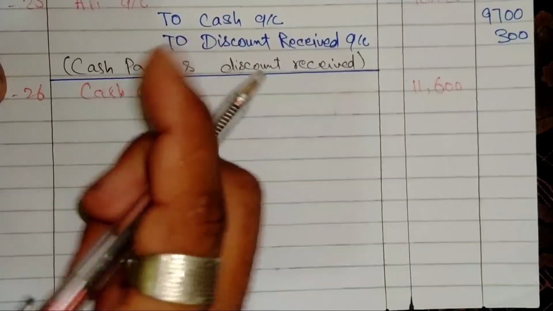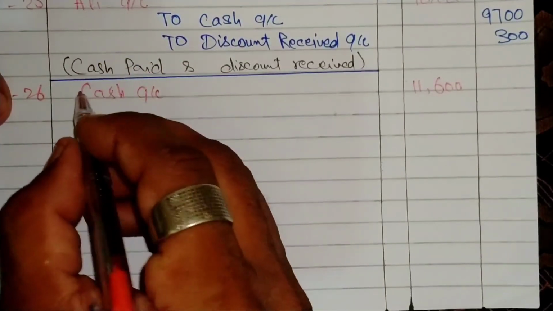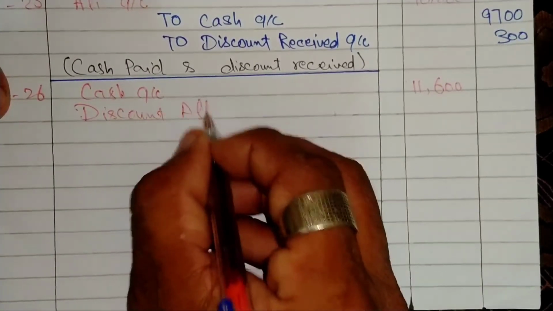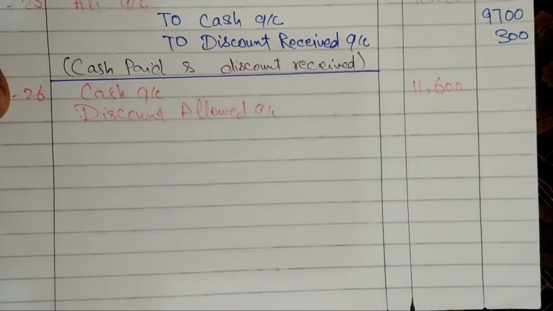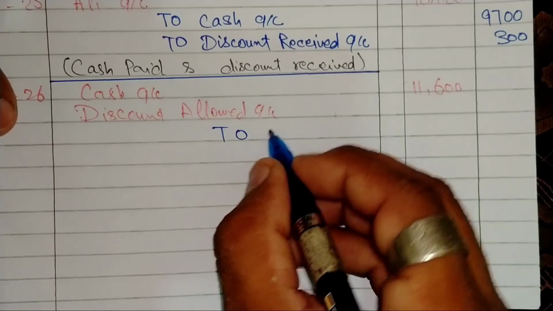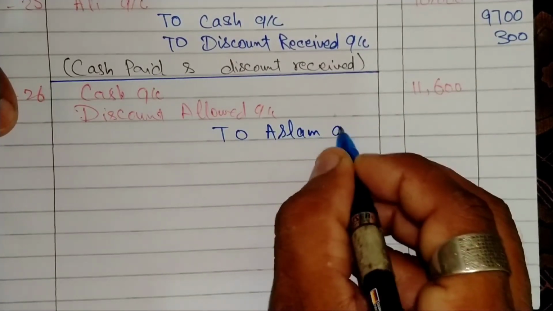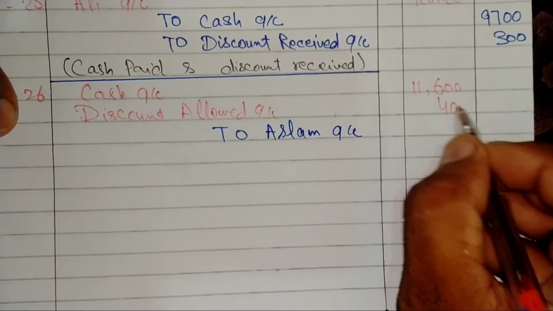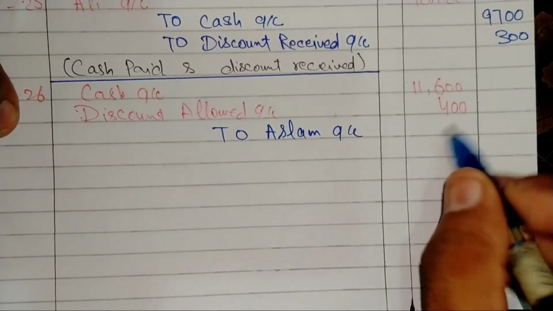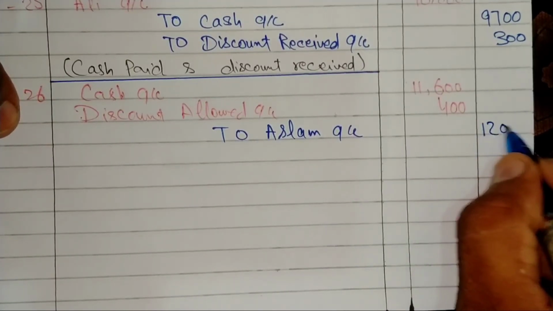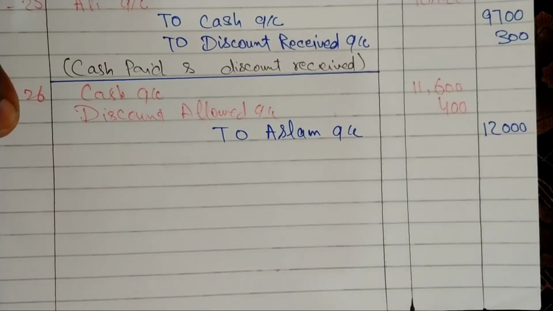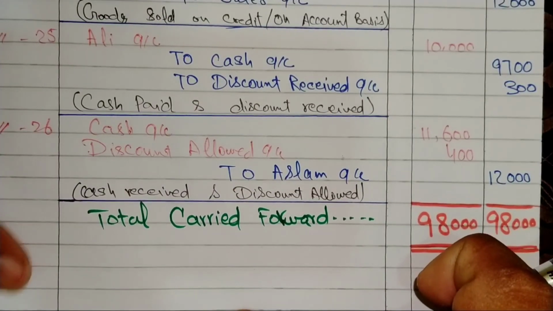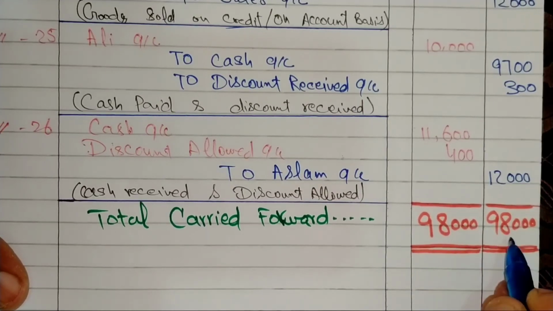Because cash received in actual from Mr. Aslam, and also discount allowed will be debit against Aslam account credit. Now we will enter the amounts: discount allowed, which is $400, and the whole amount of Mr. Aslam account, which was $12,000, with description.